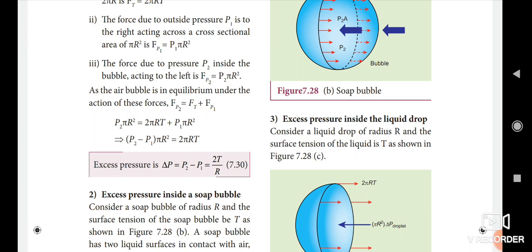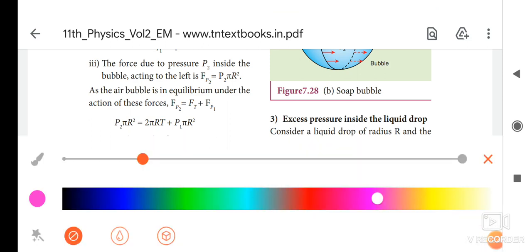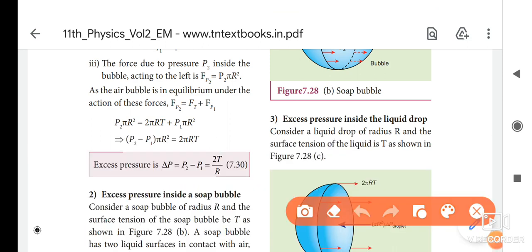First we consider the force due to inside pressure. Force due to inside pressure, Fp2, is equal to force due to tension Ft plus Fp1, the force due to outside pressure.